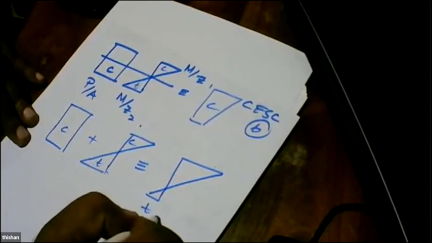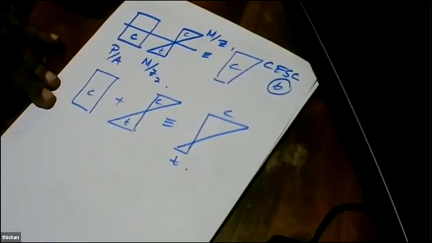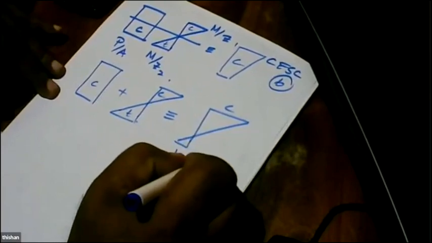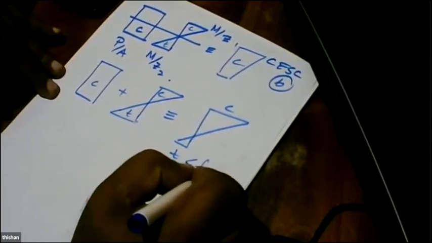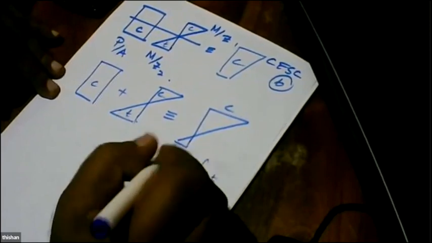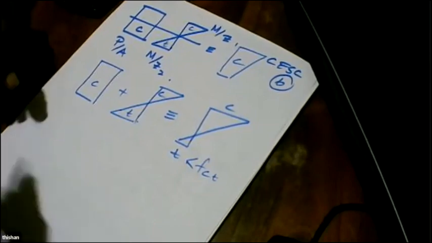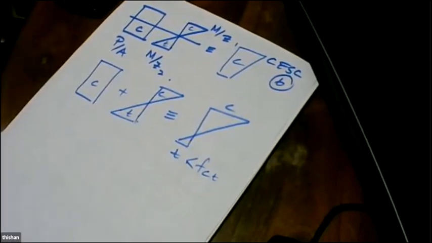So here you get limited tension. That is also possible. And if this is less than the tension capacity of concrete, we will not get a crack. We'll have a situation where it's about to crack, but it's not cracked, because the stress is very, very small.